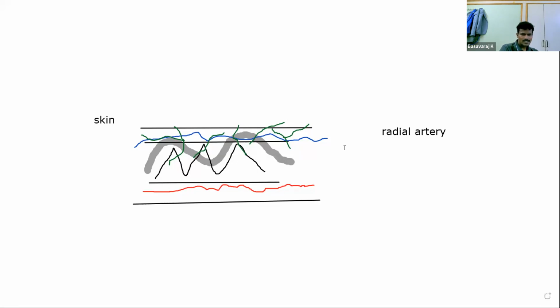We can understand the nature of your body and the nature of your energy based on the shape and the pattern of your pulse. So I drew 5-6 different ways.